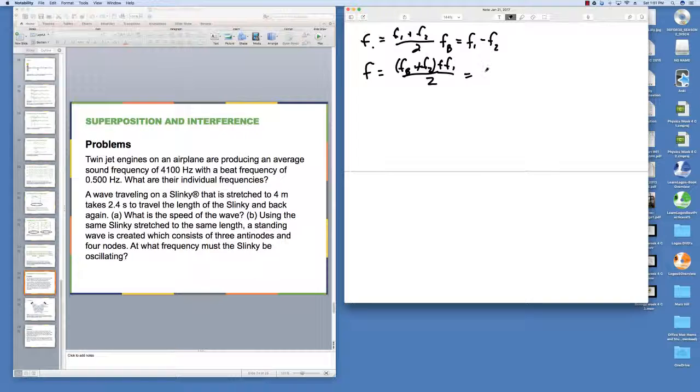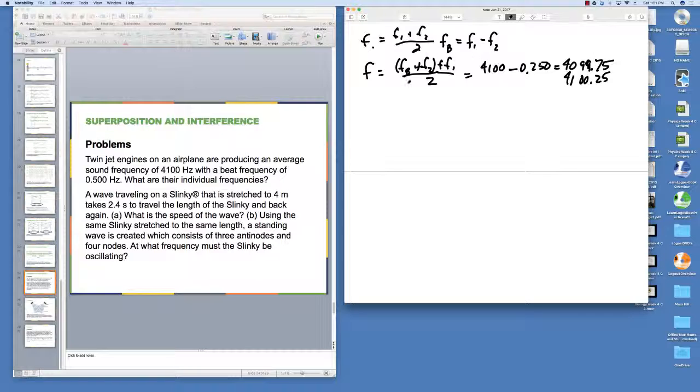And so that's going to be 4100 minus 0.25, which is equal to 4099.75, and the other one is going to be 4100.25.